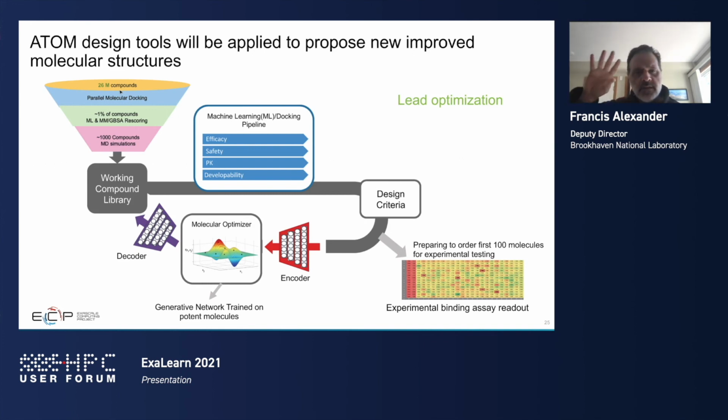And you build a loop that takes all of that computational workflow, marries it with whatever domain knowledge you may have, and then feeds that through a variational autoencoder, for example, to propose new molecules that would have the properties you're looking for, namely efficacy, safety, PK, developability and so on, and then eventually carry out experiments. So there's this overall design loop that we've repeated in a number of different parts of the project, but this is the basic structure behind it.